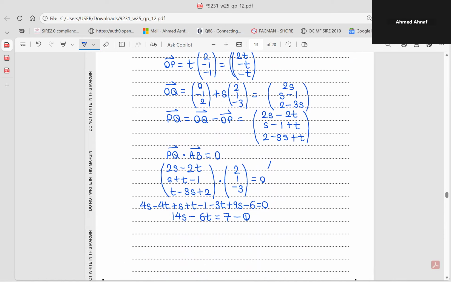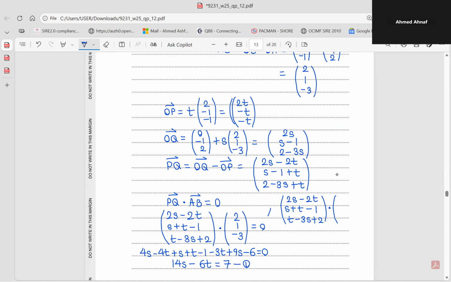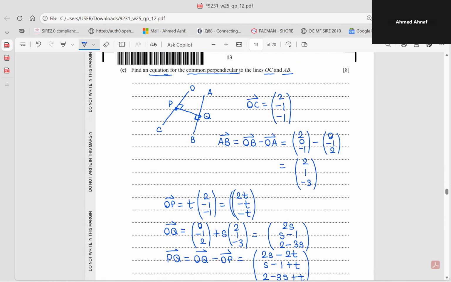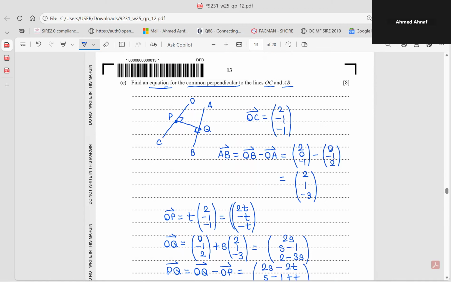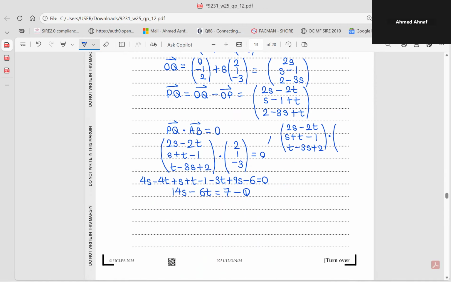So PQ dotted with OC: (2S plus 2T, S plus T minus 1, T minus 3S plus 2) dotted with OC, which is (2, negative 1, negative 1), equals 0.